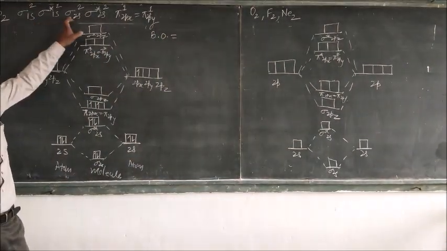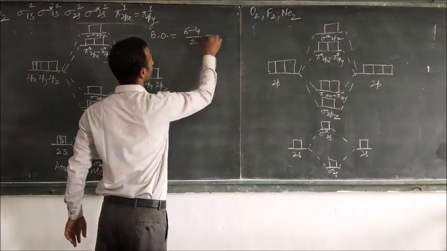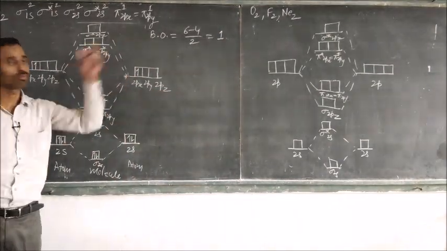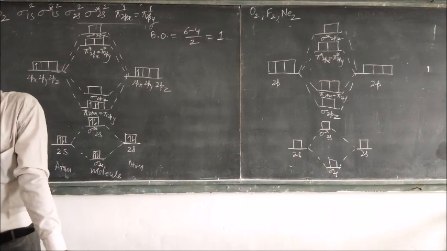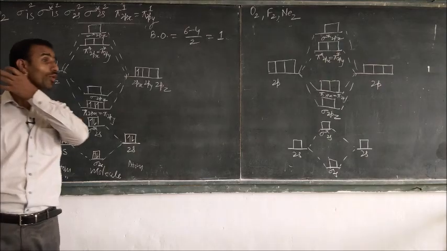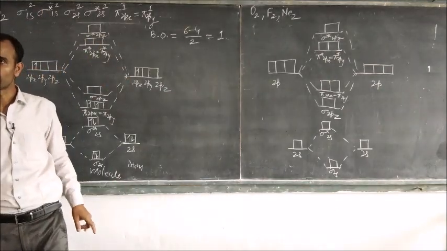One is 2 plus 2 plus 2. 6 minus 4, that means 1. But is this one bond order a sigma bond or a pi bond? It is a pi bond, keep in mind. Otherwise, a single bond is always a sigma bond.